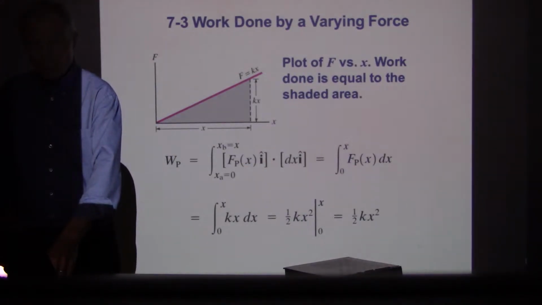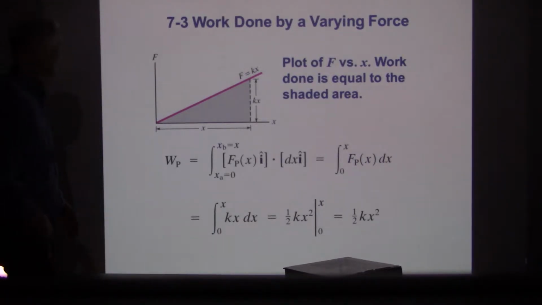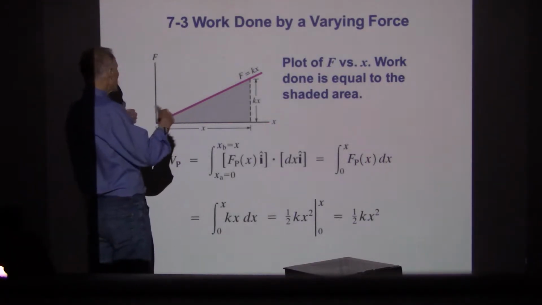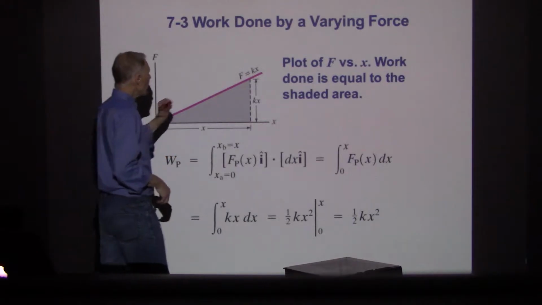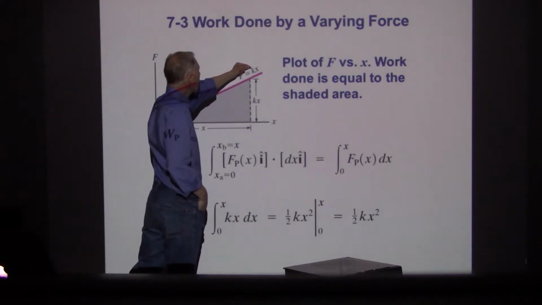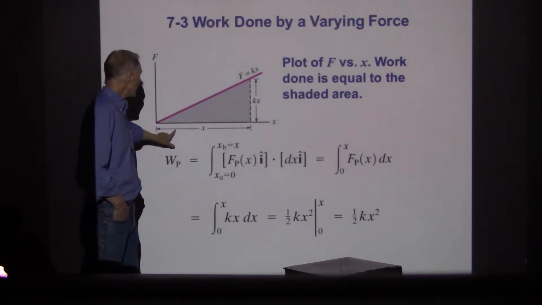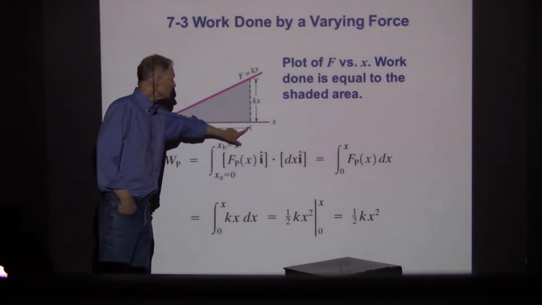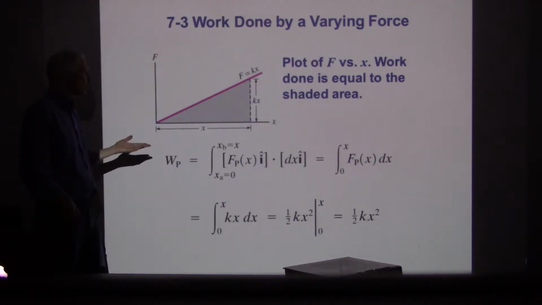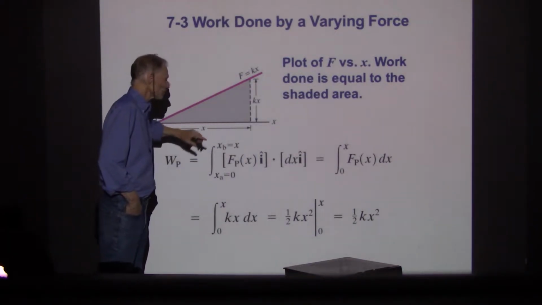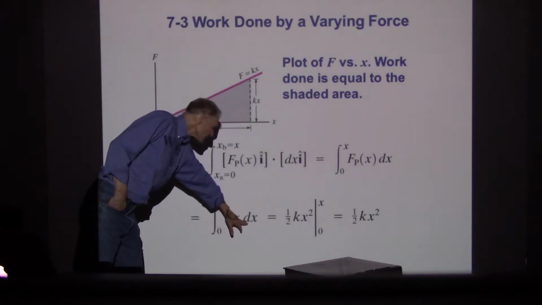But we went through an integration and said that if we're stretching out a spring or compressing it, we are applying a force given by kx. And if we multiply that by x, actually not just multiply, but we take the kx and multiply by dx.